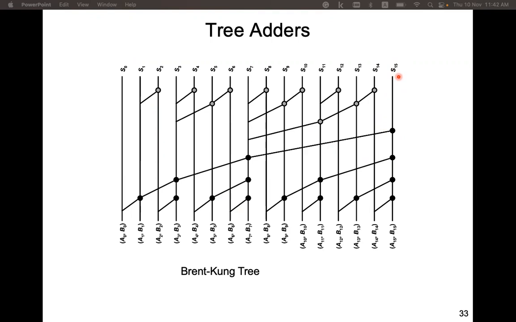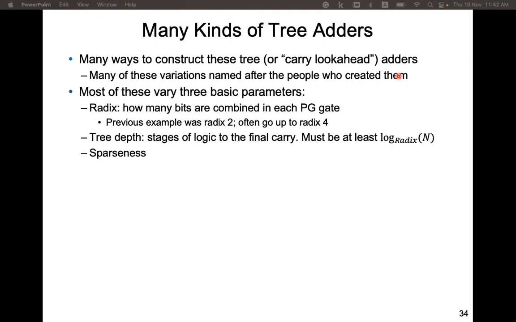And there are other kinds of trees. There are many ways to construct these trees, or carry lookahead. Most of these vary in 3 basic parameters. Radix: what are the branches?